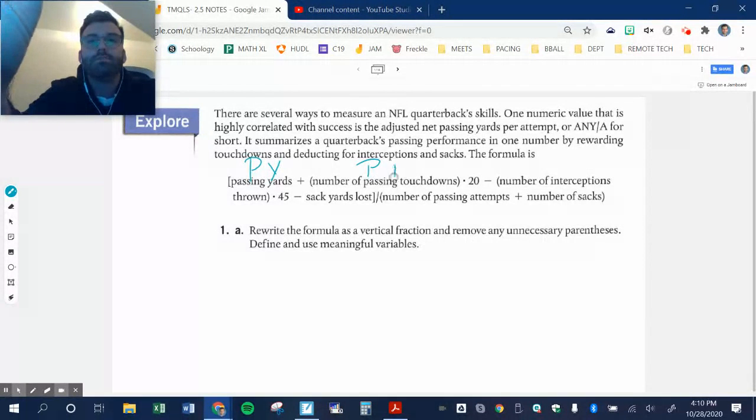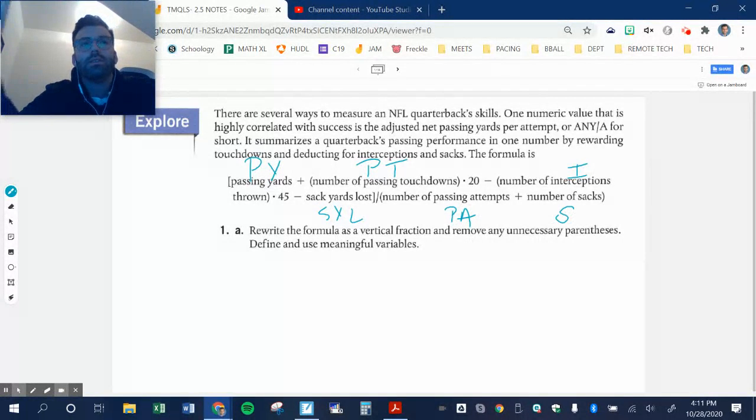Passing touchdowns is PT. Interceptions, I think I want to use I. Sack yards lost, SYL. Passing attempts, I'm going to go PA. And sacks, I'm just going to go S. So we want to create an expression using those letters.